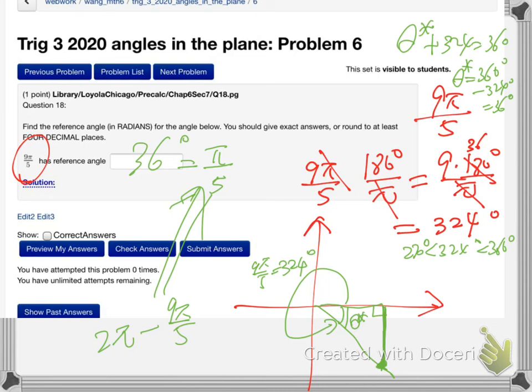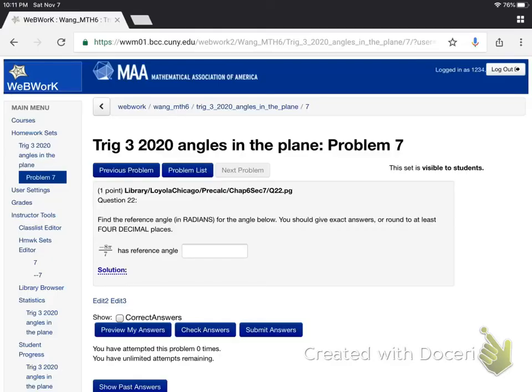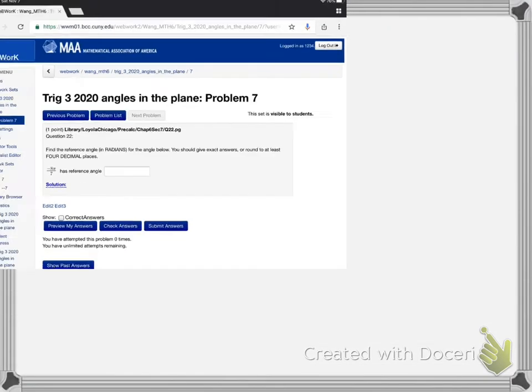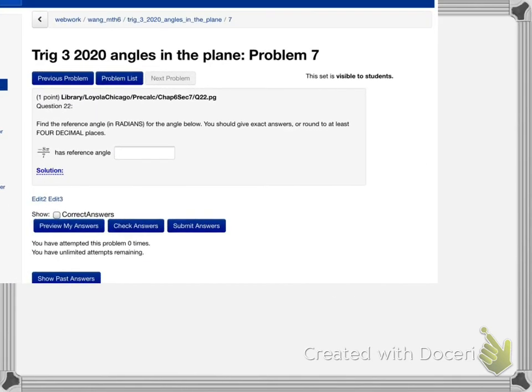Then let's look at one more example. The angle is negative 8 pi over 7. So now we should draw this angle.